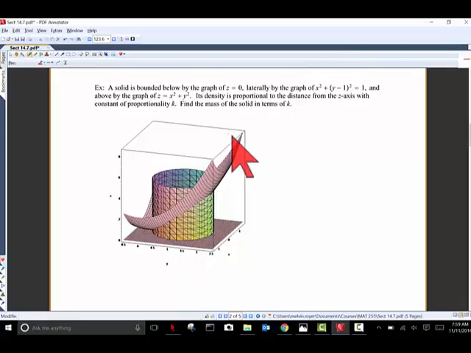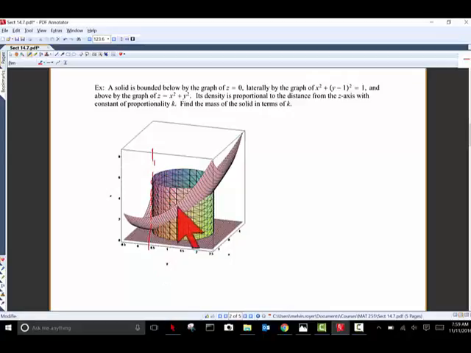And I want to find the mass of this solid, so I need to know its density. And in fact, we're told that its density is proportional to the distance from the z-axis. So the z-axis is coming along through here, going to be like in here.